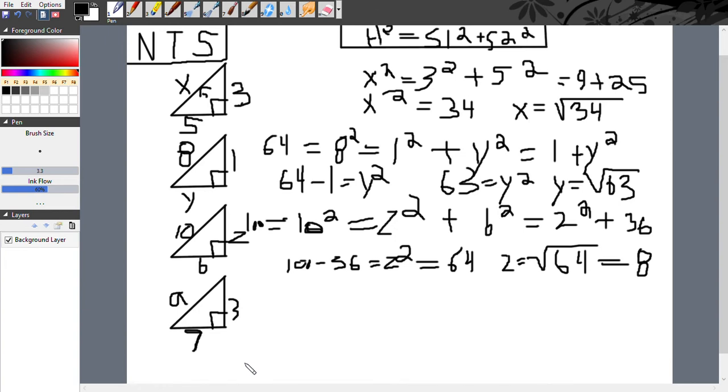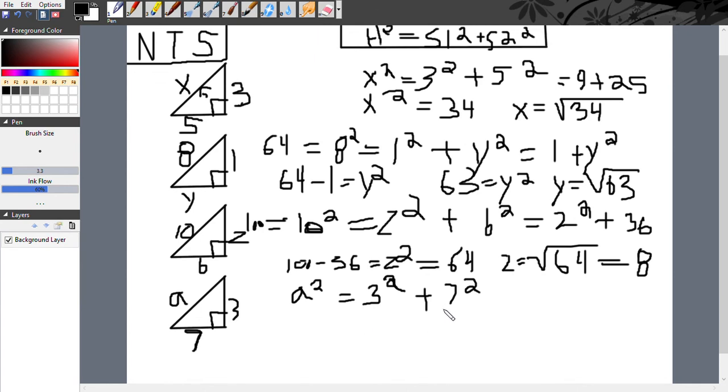And for the last one, we have to find out the value of a. A is the hypotenuse, so we're going to do something like the first one again. So a squared, which is the hypotenuse, is equal to 3 squared plus 7 squared.